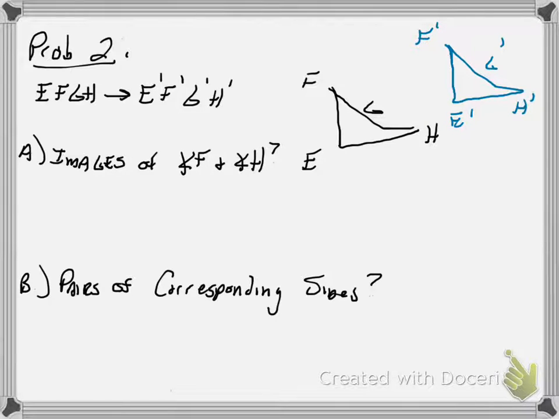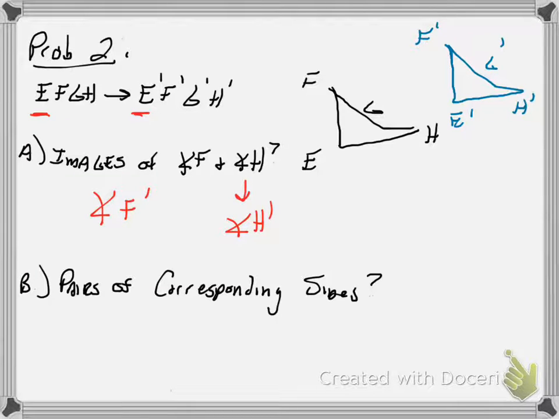In problem 2, I've got figure EFGH in there, and I want to talk about how it translates over to E prime, F prime, G prime, and H prime. Those little tick marks up top are what we call primes. Okay, so images of angle F and angle H, it's pretty much the same thing we did last chapter with congruency. See how E matches with E prime again? So the images of angle F would be angle F prime, and angle H would match up with angle H prime.